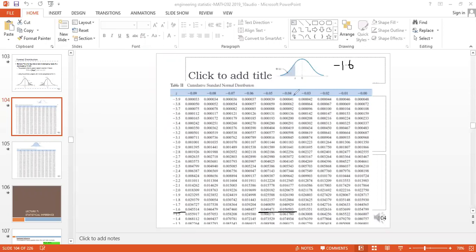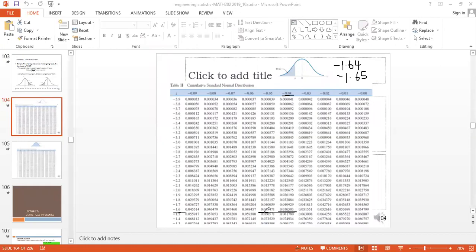This is 4 here, negative 1.64, and then the other value is negative 1.6 what? 65. Okay, good.